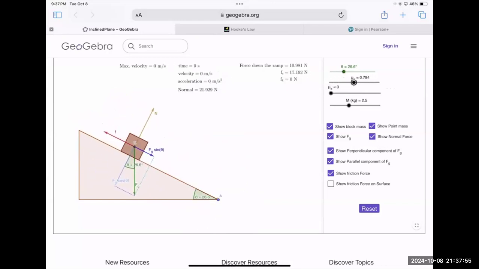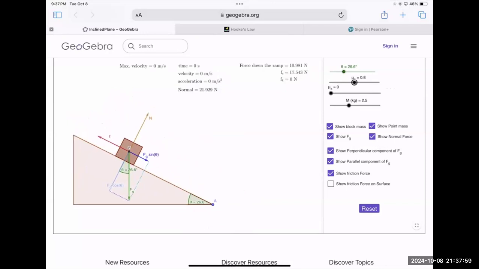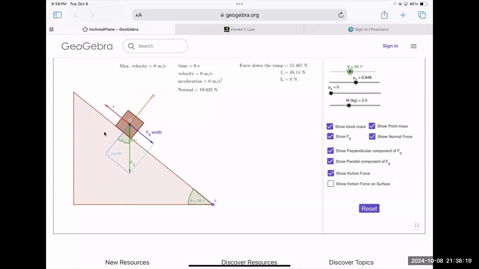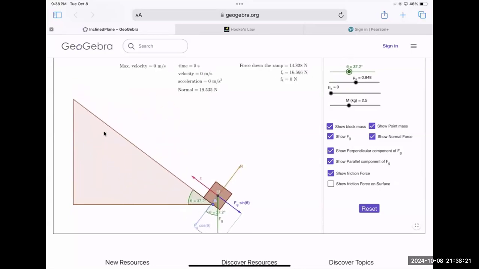If you keep on making your mu s larger, as you can see here, this f in red color is getting larger. Now to make this block slide, what should be my angle so that it will start sliding? I can change my angle of inclination, and at this particular angle it will start sliding.